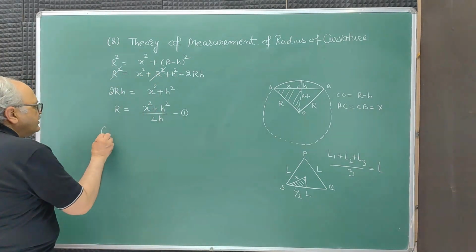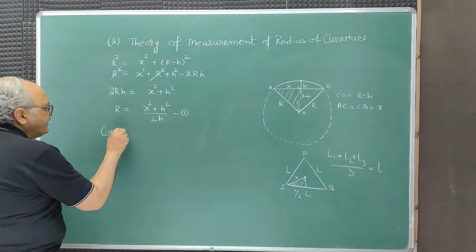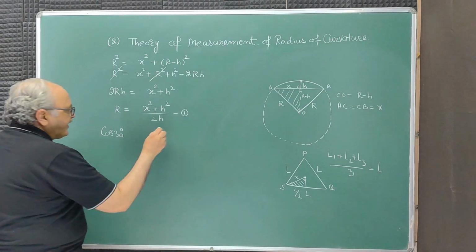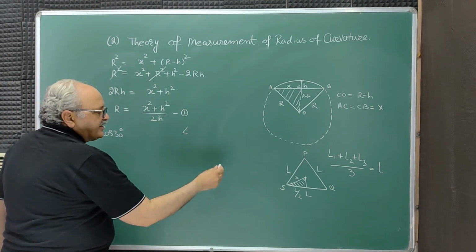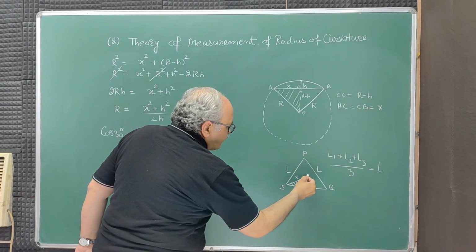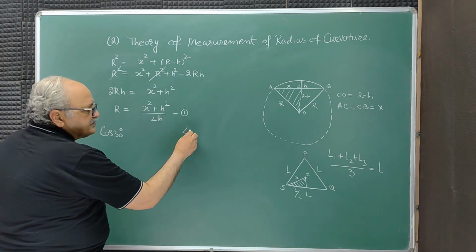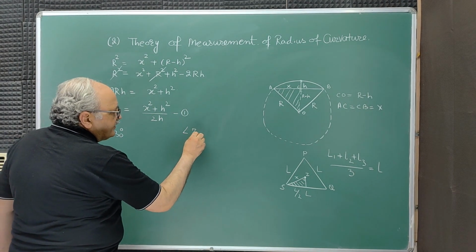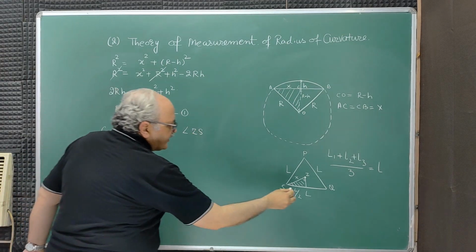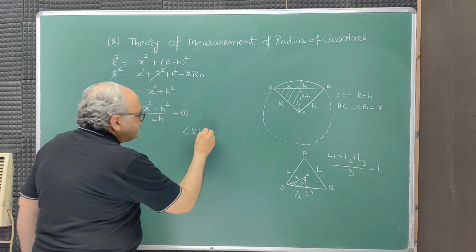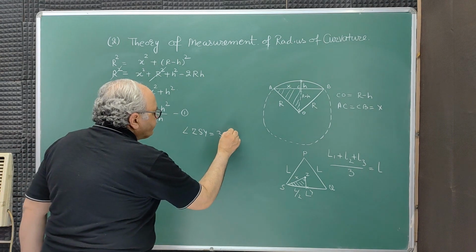So we write cos of 30 degrees. Let me call the central point, say, the Z point. So this angle Z, S and this one, say Y, is equal to 30 degrees.